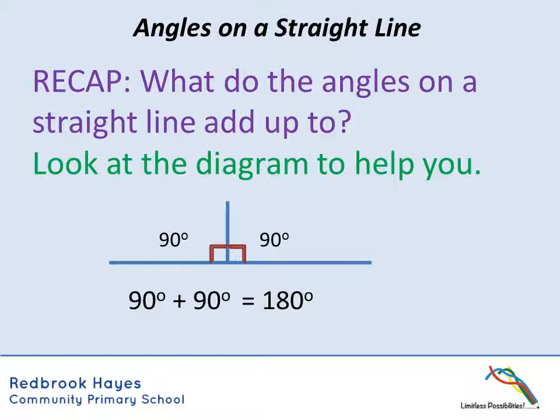Now, it doesn't matter how many angles you have on that straight line. You could have 100, but they would have to add up to 180 eventually. Okay, so on this one example, we've just got two, and they're quite nice and equal. They're both 90. So you need to remember that angles on a straight line add up to 180 degrees.